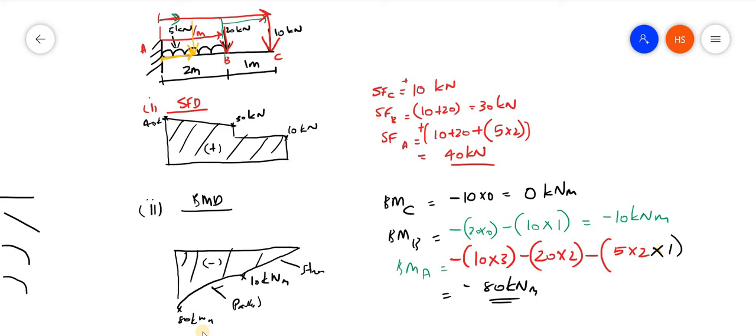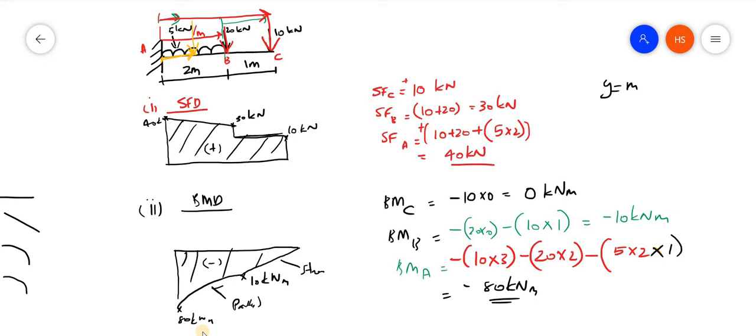Now just look at these two figures. When there is a horizontal line in the shear force diagram, in the same region there will be a linear line in the bending moment diagram. And when there is a linear line in the shear force diagram, there will be a parabolic line in the bending moment diagram. A few minutes ago I said, a straight line: what is its equation? y is equal to a constant.